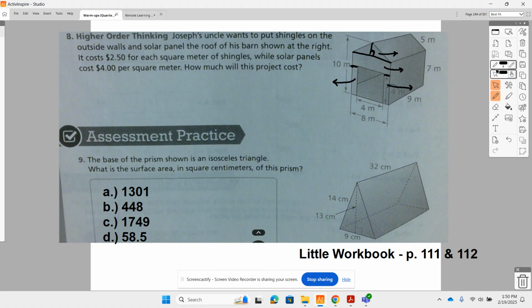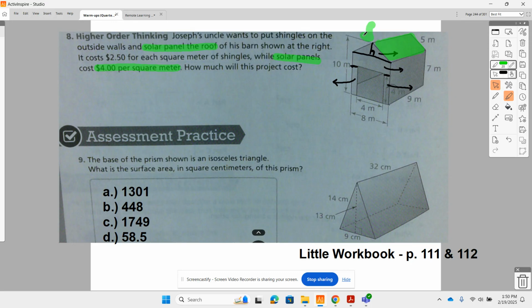Notice that the roof is going to be calculated differently because it says that he's going to put solar panels on the roof, which cost $4 per square meter. So the roof is going to be these rectangles. I can see one of them, but remember there's going to be another one on the other side.